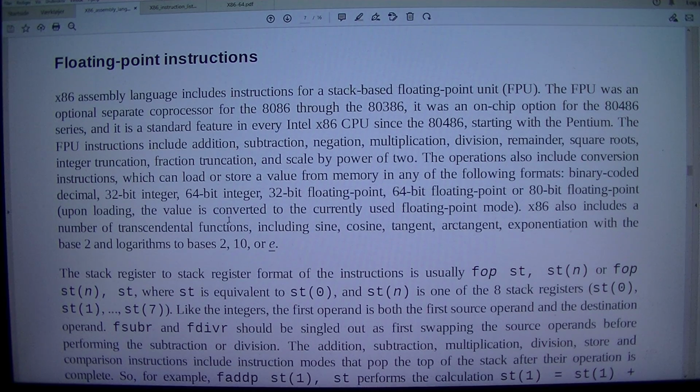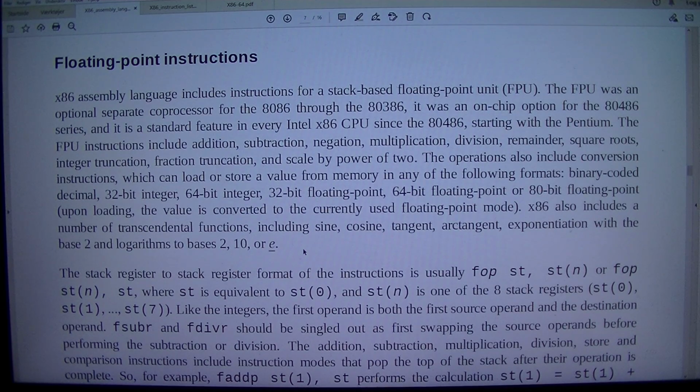Upon loading, the value is converted to the currently used floating point mode. x86 also includes a number of transcendental functions, including sine, cosine, tangent, arctangent, exponentiation with the base 2 and logarithms to bases 2, 10, or e.